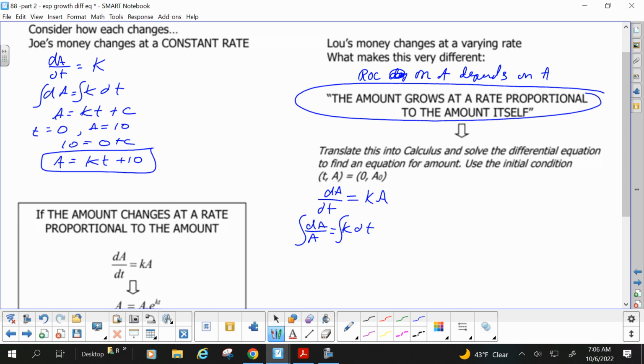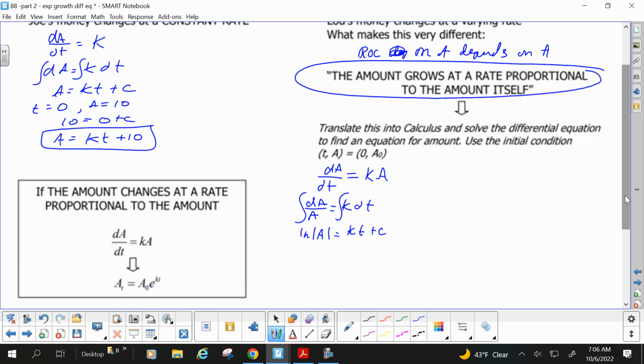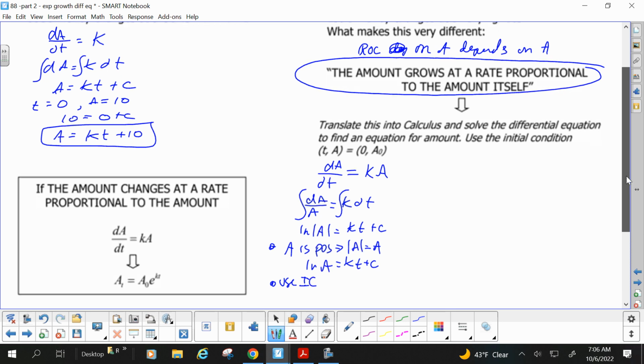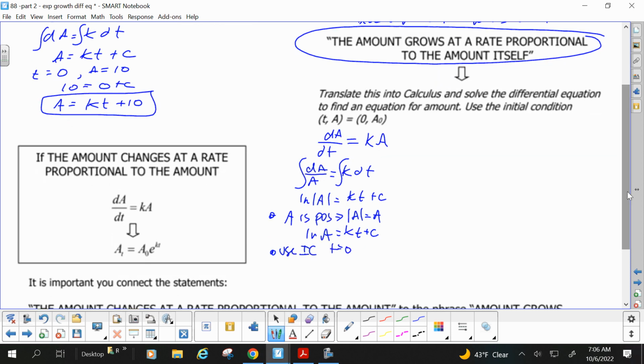If I then integrate, natural log of the absolute value of A equals kt plus C. Now let's assume A is positive in this case, so the absolute value of A can just be written as A. So natural log of A equals kt plus C. Now I'll use the initial condition, a general, universal one: at time equals 0, the amount is equal to the initial amount.